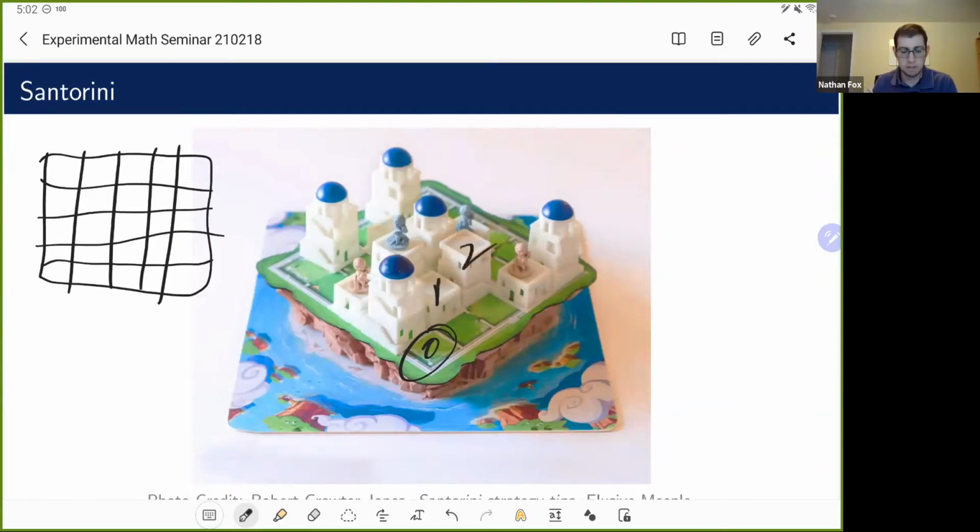This one has 2 buildings. No, that's definitely 2. There's no building with height 3 in this picture. You can imagine this building without this cap on it would have height 3. It would have this little round thing, but it would be flat on top. And all the ones with the cap on top are of height 4.